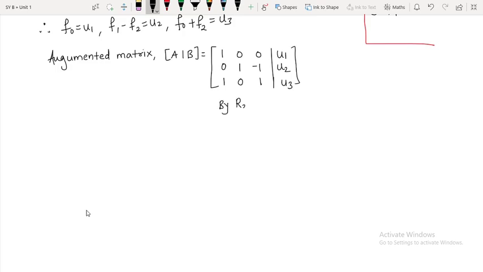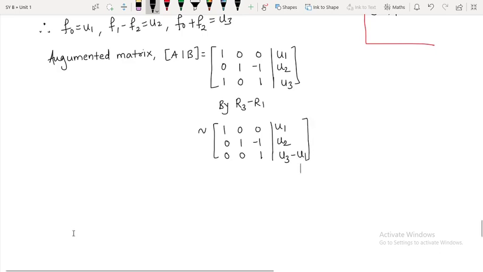So by R3 minus R1, this will be equivalent to 1 0 0, u1 as it is, 0 1 minus 1, u2 as it is, this will be 0 0 minus 0 is 0, 1 minus 0 is 1, and over here you will have u3 minus u1, right?